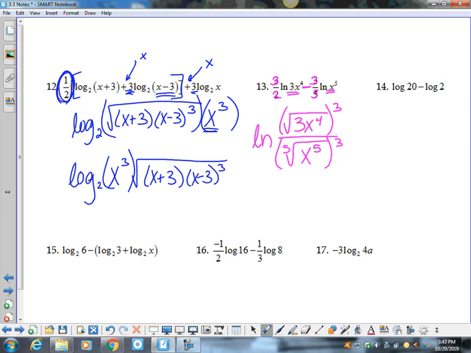Now, let me show you another way you could write this. You could do ln of the square root of 3x to the fourth cubed under the root. It doesn't matter if you do the power first or if you do the root first. Whatever floats your boat.